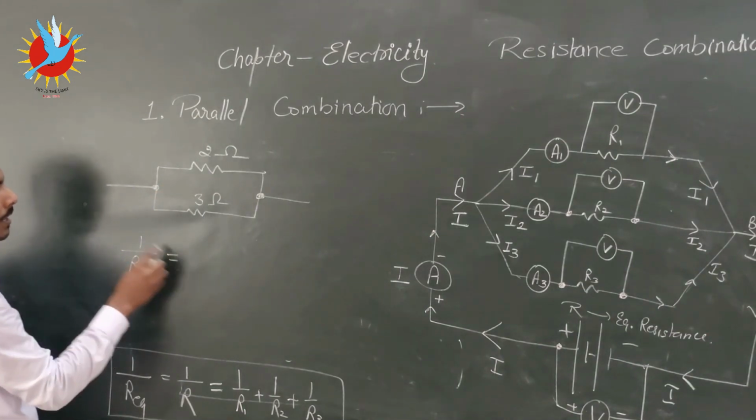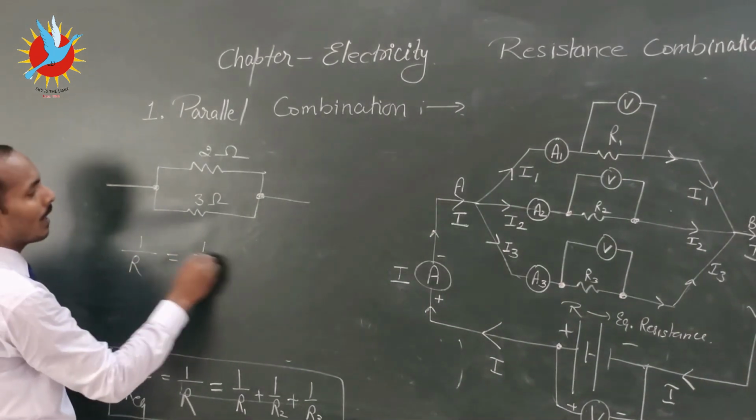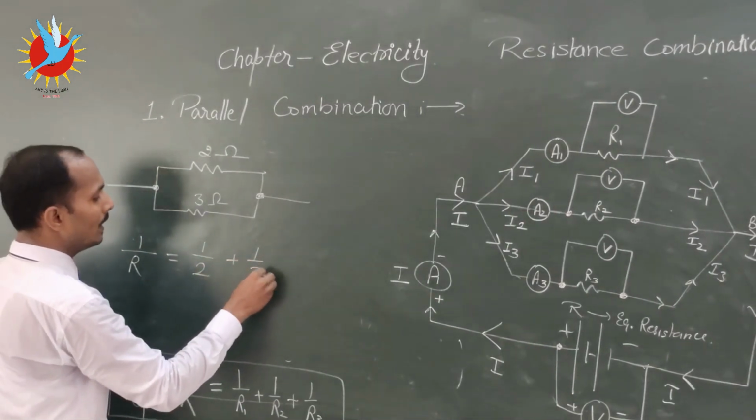We know that for the parallel combination, 1 by R is equal to 1 by 2 plus 1 by 3.